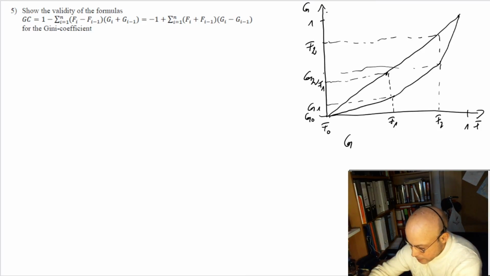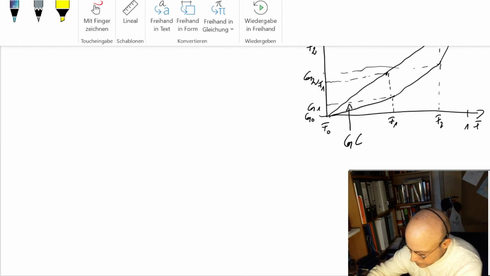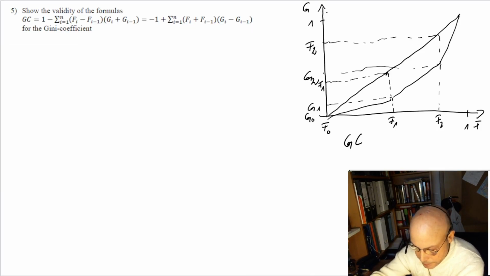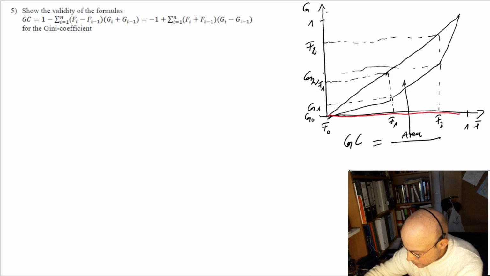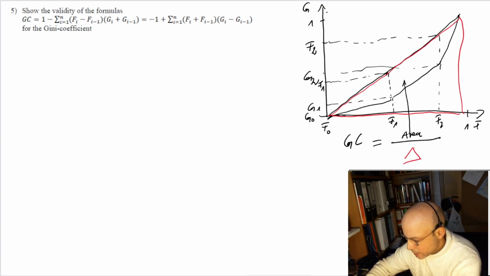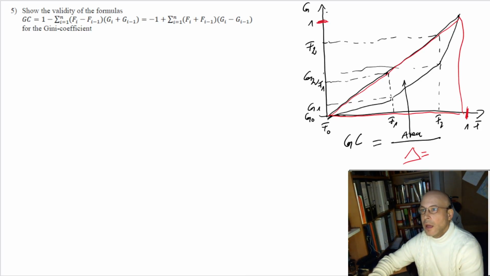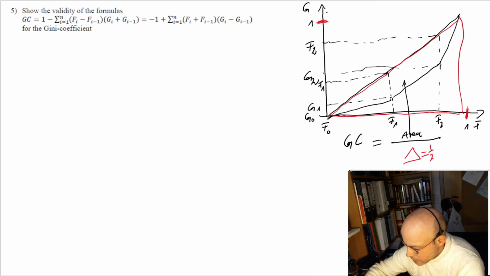The Gini coefficient was this area divided by the total triangle, and this triangle is just half of the square with length 1, so this is just 1/2.